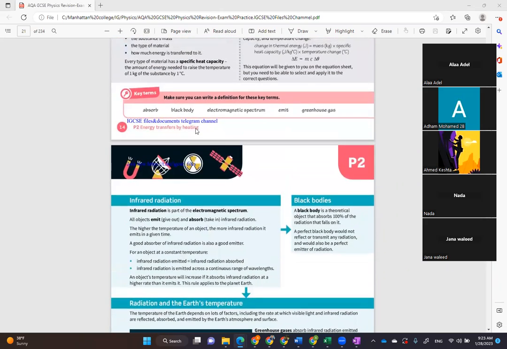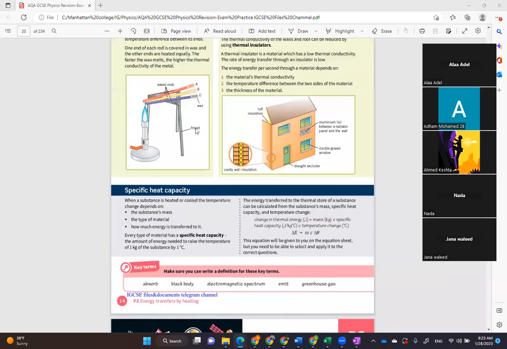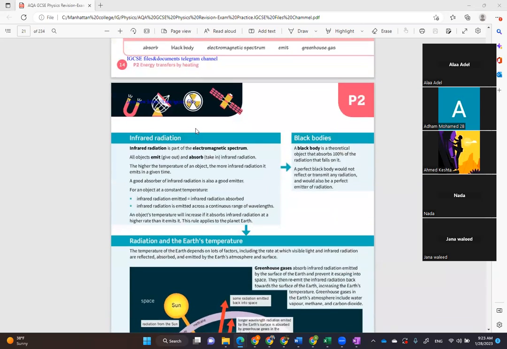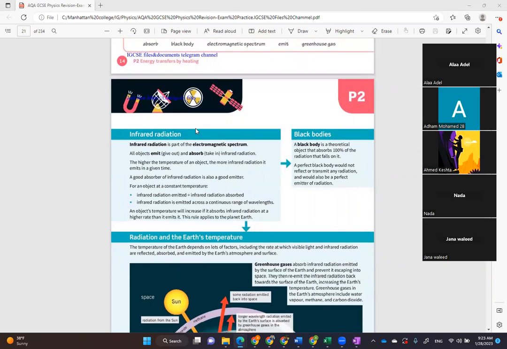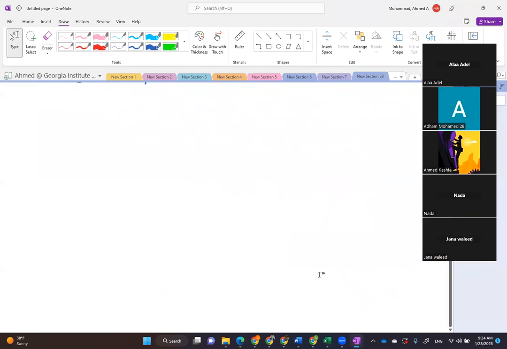So let me go back to infrared radiation. Infrared radiation is a part of the electromagnetic spectrum. So what is the electromagnetic spectrum? Let me explain to you first.